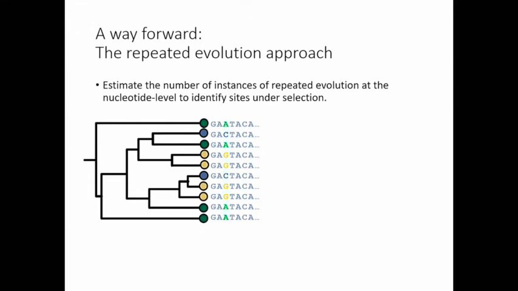So we build a phylogeny, estimate the number of instances of repeated evolution of whatever mutations we can find, identify them site by site across a gene of interest, and then look for places where there is more repeated evolution than one might expect.